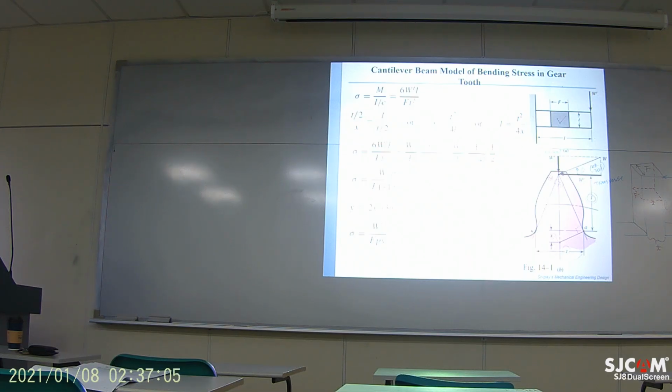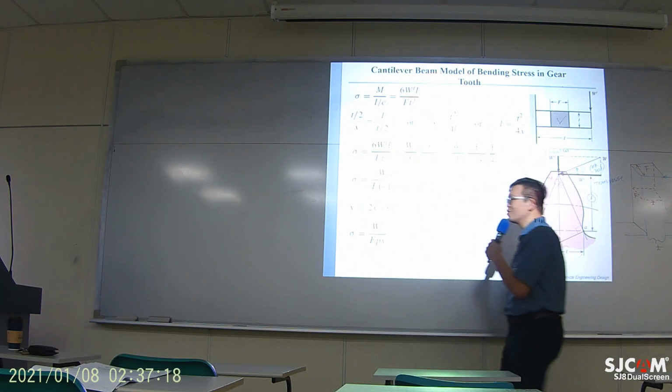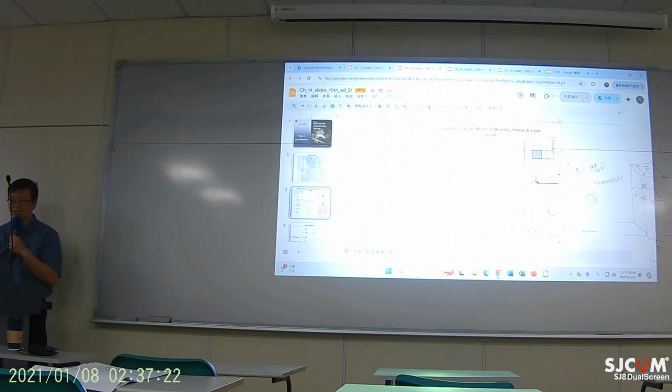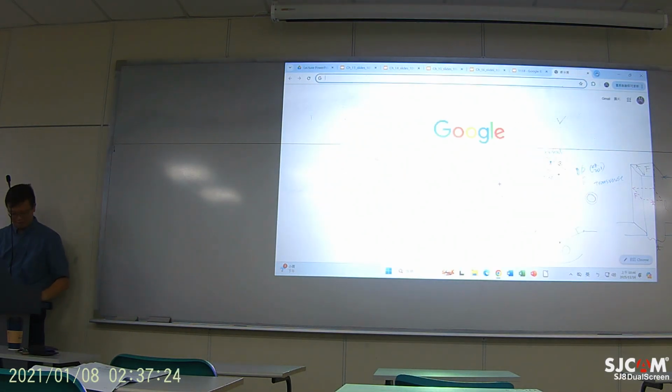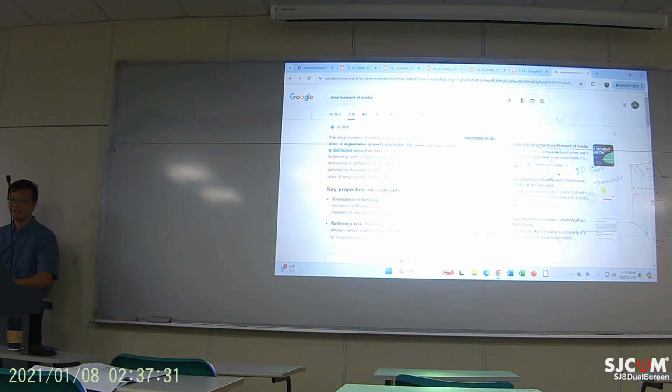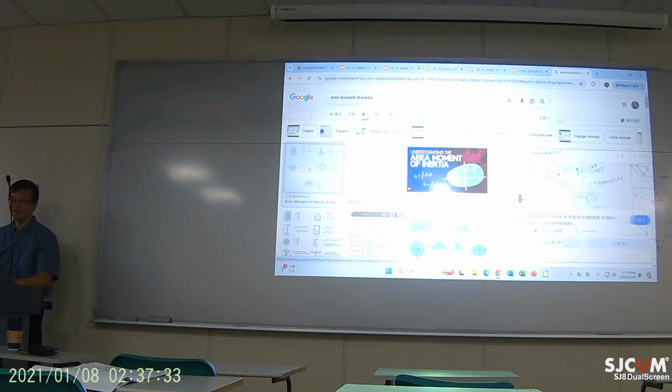Okay? So Ixx would be 12 over, if this is B, this is H, so it's BH, I forget which one. Cube of which one? The area moment. Here's a reminder.